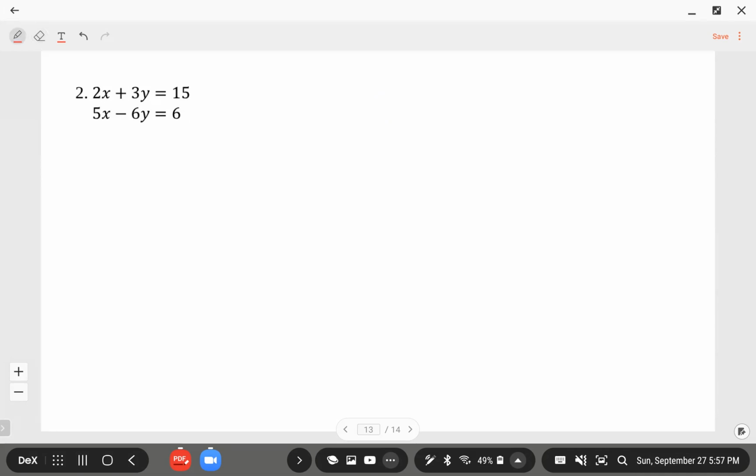So this is when multipliers come into play. You have to multiply this top equation, equation 1, by 2. So 4x plus 6y equals 30. I multiplied every term by 2. Now you can do it, right? So this is our new equation, 5x minus 6y equals 6.